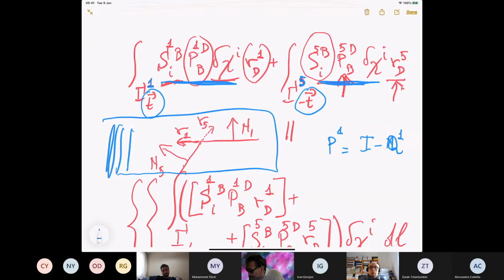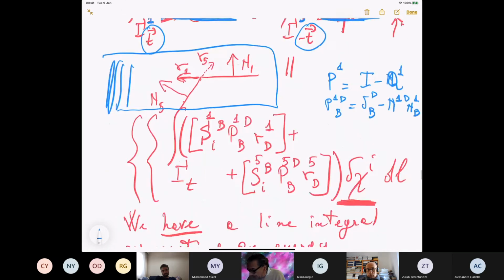So component-wise, P1 is delta minus N1 N1. So you have different fields on both sides.